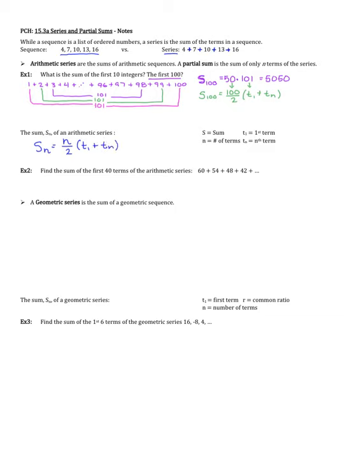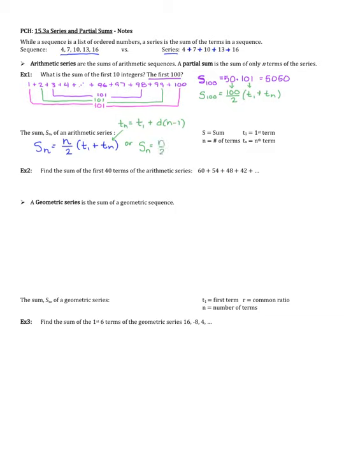Now it's a nice simple formula. However, you don't always know that last term. Now, in the last lesson, you did learn that in an arithmetic sequence, t sub n equals t sub 1 plus d times n minus 1, sort of like your linear equation. And so if I were to substitute that in, you would get a second version, which looks like this.